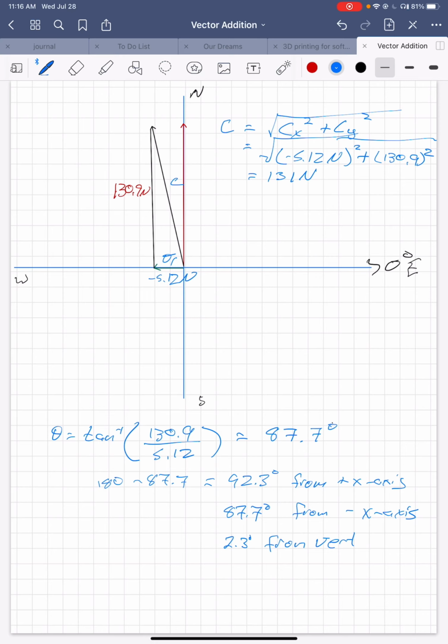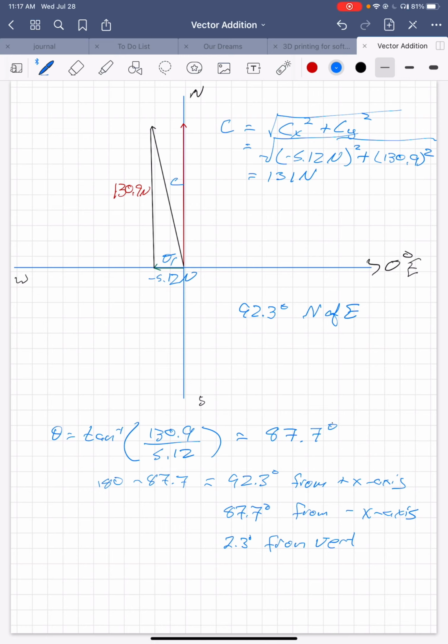The other thing that the book likes to talk about is declinations. So in that case, we would say that x-axis is lined up east and the y-axis is north and south. So I could say that it's 92.3 degrees north of east. So I start at east and I rotate toward north.